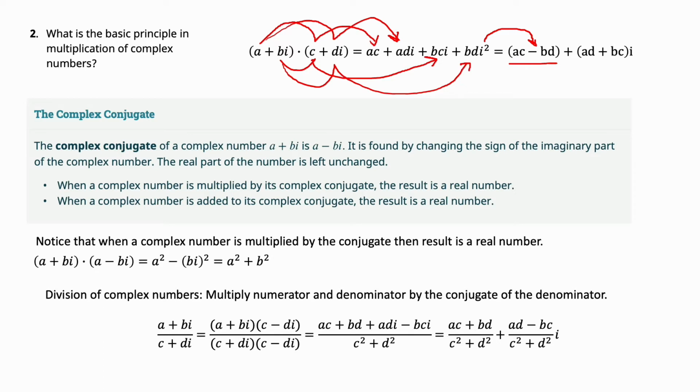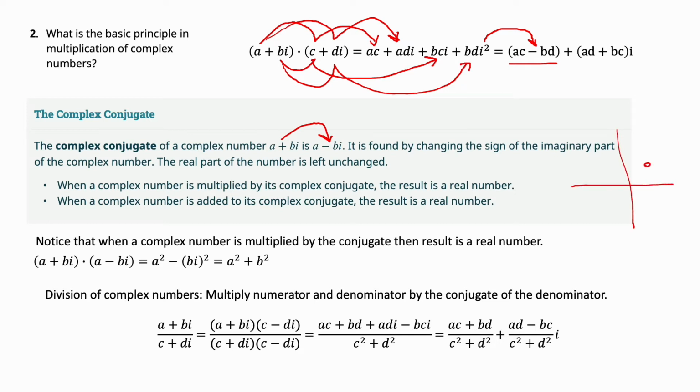Now, to do division, we have to have something called the complex conjugate. The complex conjugate is just negating the imaginary part. So if I went back to the axis, I'll just draw it here to the side.